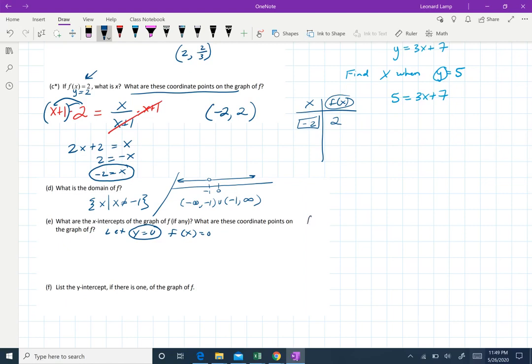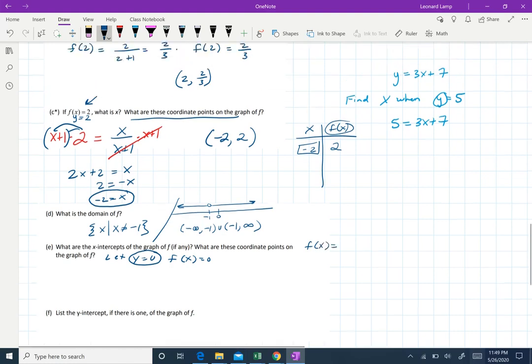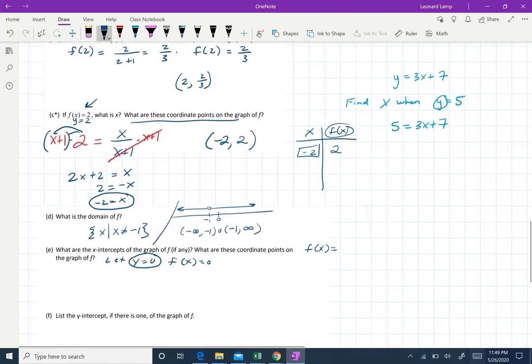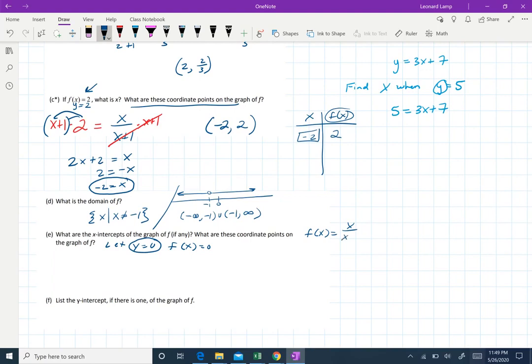So again, we were given f of x is equal to x over x plus 1. So we set the entire thing equal to 0. 0 is equal to x over x plus 1. If you multiply both sides by x plus 1, you just get 0 is equal to x. So, of course, your only coordinate is (0, 0).